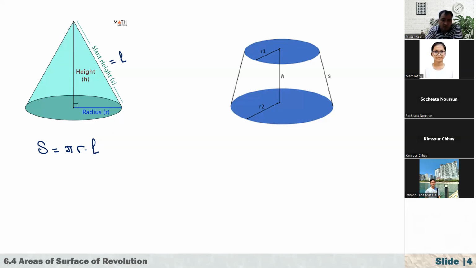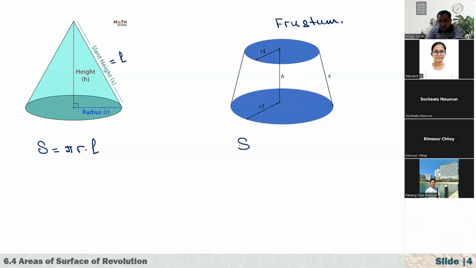Now, if I chop off the top of the cone with a plane, or a knife, that is parallel to the base, we will get something called a frustum, the frustum of a cone. Then the question is, what is the curved surface area, not the top, not the base, of this frustum?